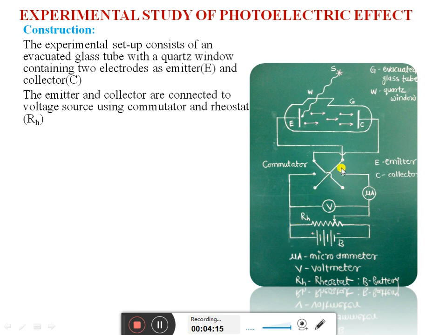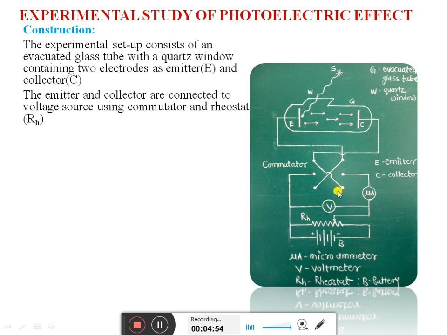through this commutator. See here carefully the working of the commutator. These 2 points can be connected to these 2 points, or these 2 dots can be connected to these 2 points. Now if, as given in the connections, we connect this dot with this and this dot with this dot, it is clear that this terminal is connected to the positive terminal of the battery, meaning which one? It is the collector, and if this dot is connected to this position, it is connected to the negative terminal of the battery.